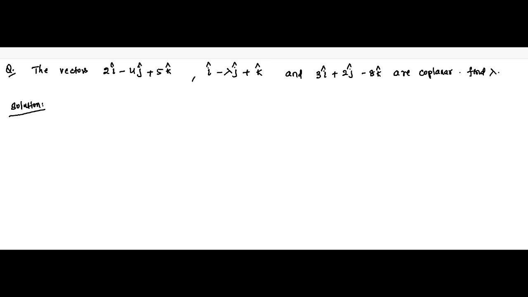Again, the basic definition: if this is a vector, this is b vector, and this is c vector, then if the scalar triple product is equal to 0, they are coplanar.